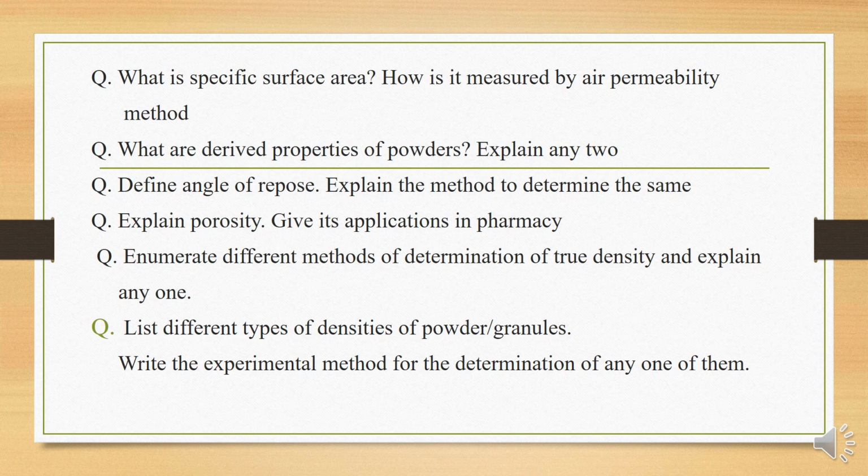Then the next density is bulk density. Bulk density, rho, is equal to mass divided by bulk volume. For that we can use the bulk density apparatus, or we can pass a particular amount of powder through a standard sieve, and the weighed amount can be filled in a 100 ml graduated cylinder and fixed in the bulk density apparatus, and we find the final volume as the bulk volume.